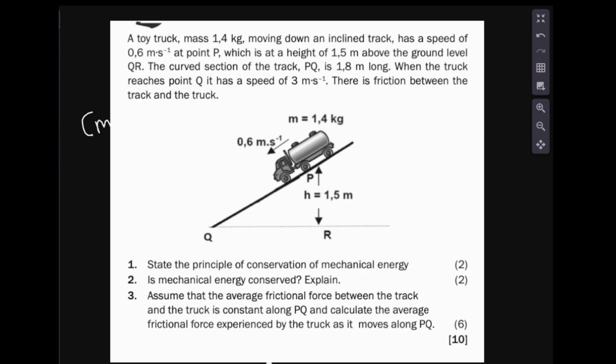And we have our initial height of 1.5 meters. Okay, curve section, and the slope is 1.8 meters long. Okay, when the truck reaches point Q, it has a final speed of 3.